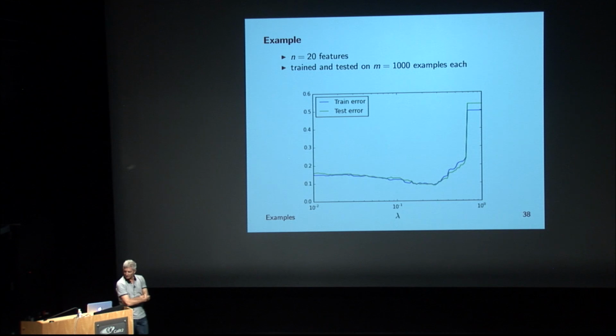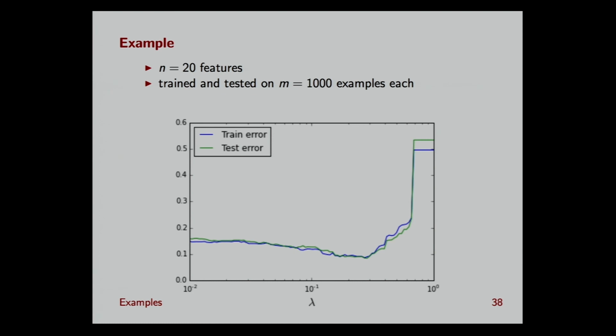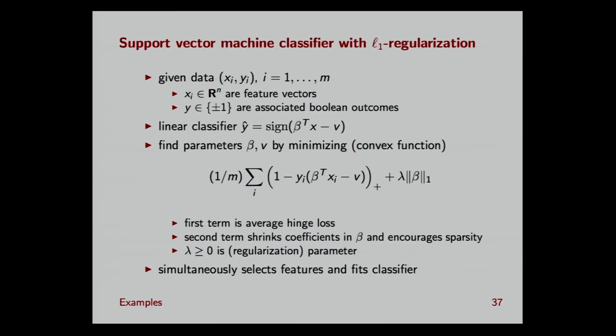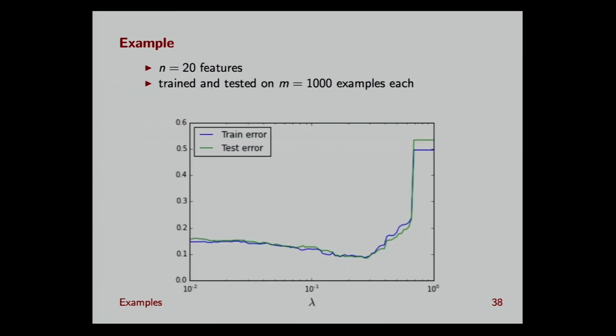Okay. If we do this, here's an example with about 20 features, and you train and test on 1,000 examples each. This tells you what your error is as you increase this parameter, lambda. You're not doing so badly. You're making 15% errors, and then if you tune that up, you get down to 8 or 9% errors.